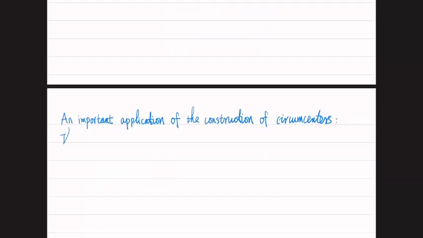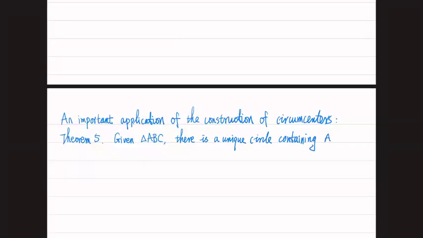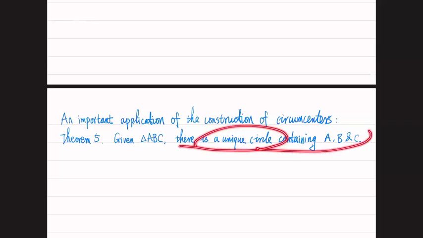The following: for any triangle, there's a unique circle containing all three vertices.